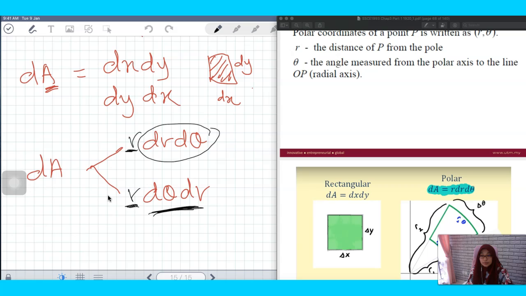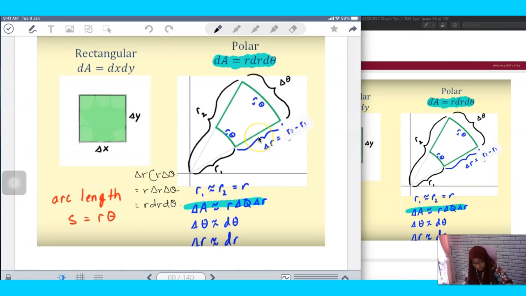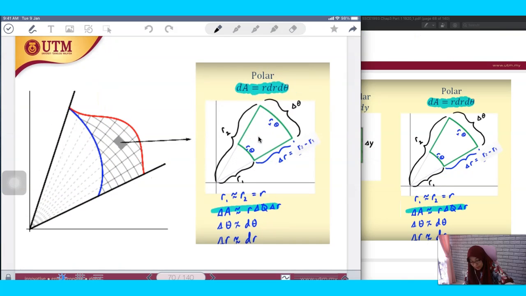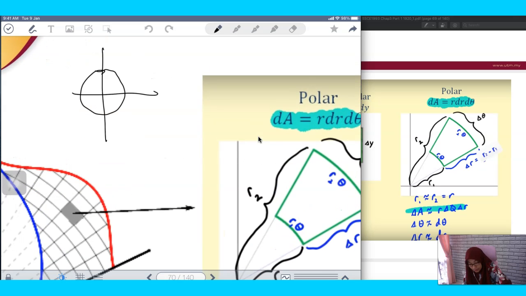Okay, so the idea here is, because we have a circle, the region is a circle. So let's say this line corresponds to theta 1 and this is theta 2, because we know that theta is the angle from the positive x-axis.